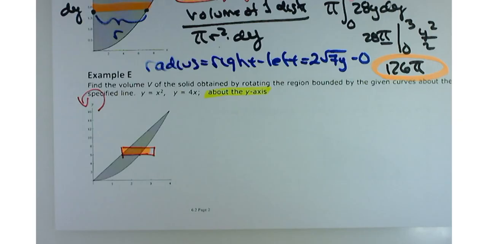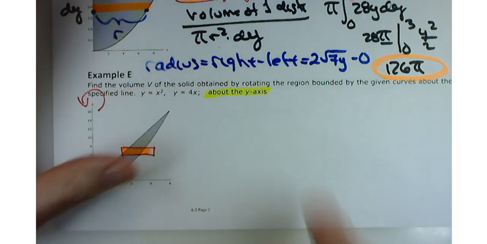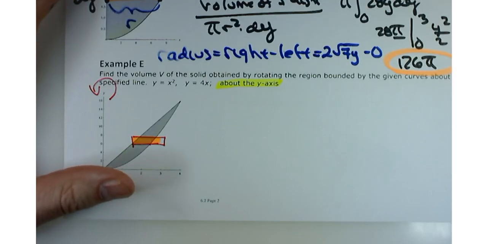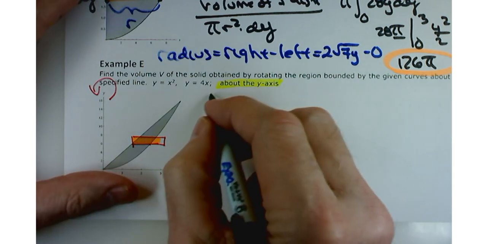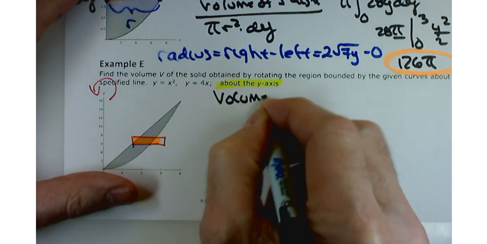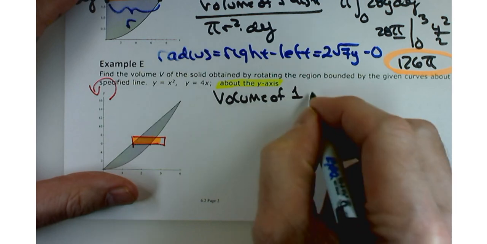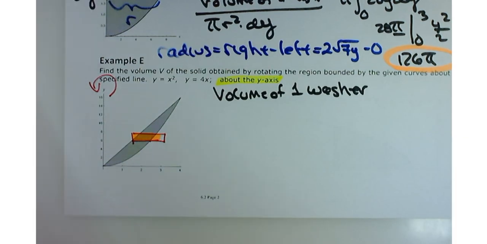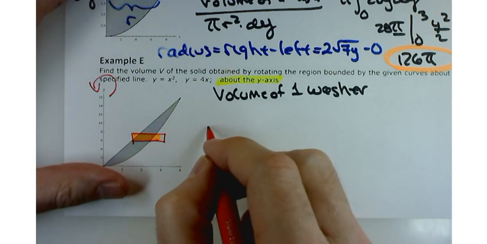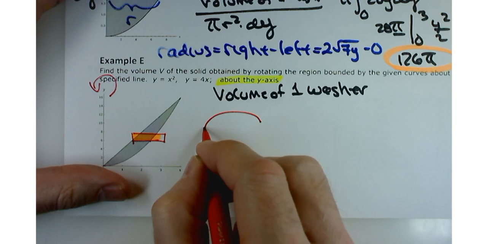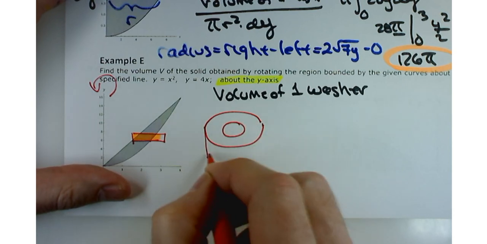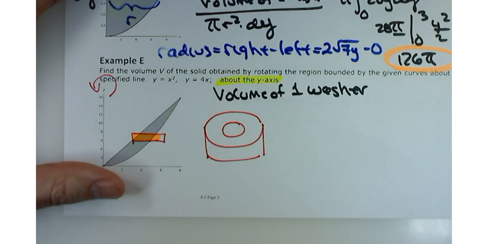So instead of finding the volume of one disc, I'm going to have to try and find the volume of one washer. And so let's try and draw a washer, at least roughly. All right, so this is very rough, but it'll work.